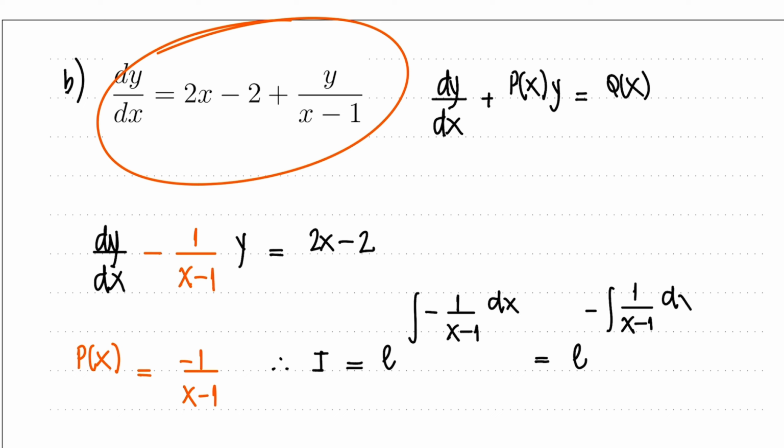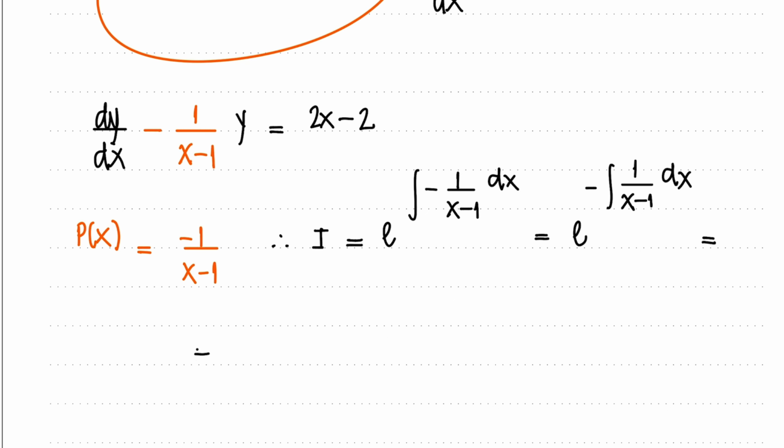If you're thinking about rewriting this as negative ln of x minus 1 in front, careful, this is not the case. Using log properties, we're going to move this negative to the exponent of the x minus 1. Therefore, we have e to the ln of x minus 1 to the negative 1. Therefore, our integrating factor is x minus 1 to the negative 1, also known as 1 over x minus 1.